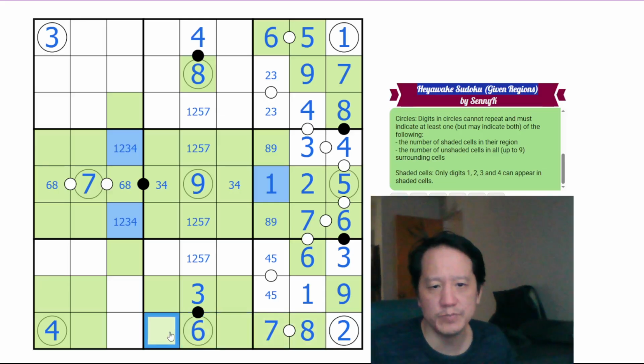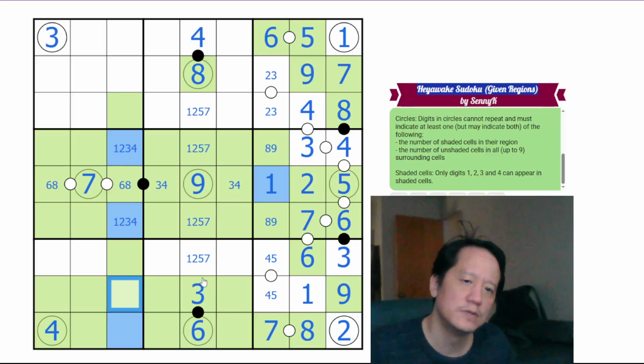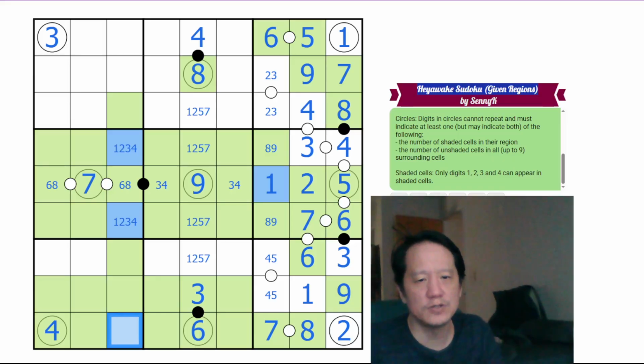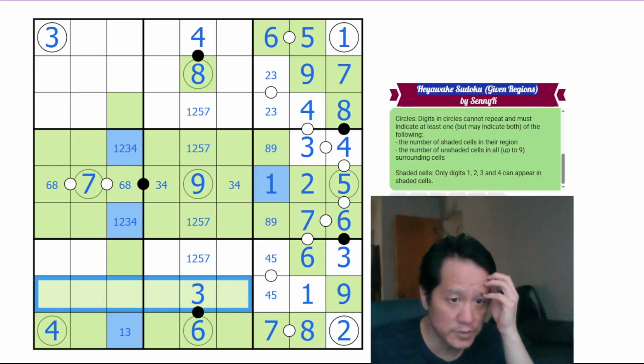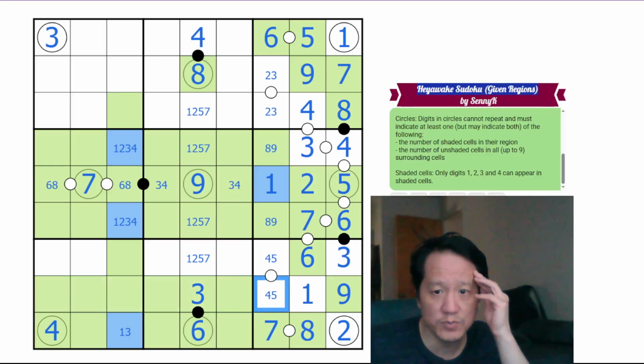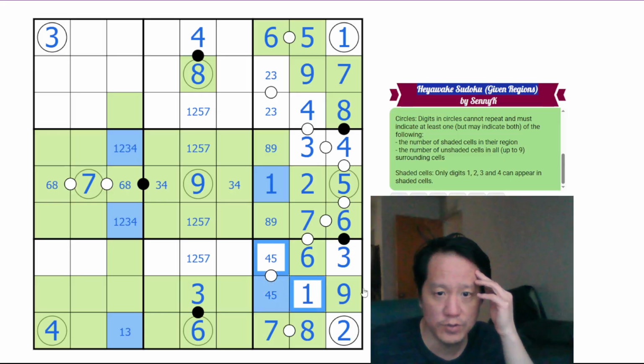This is going through one boundary here, cannot go through 2, so this is blue. This is green because it shares an edge with a blue cell. So this cannot be 2 or 4, it's 1 or 3. This is going through one boundary here, so this must be blue, which makes these both green.